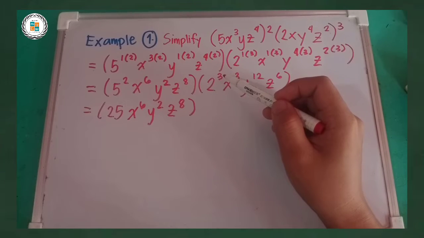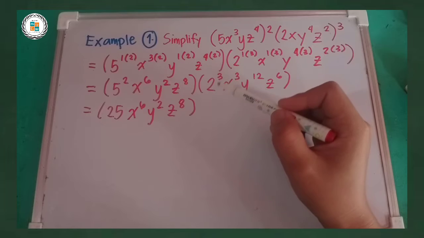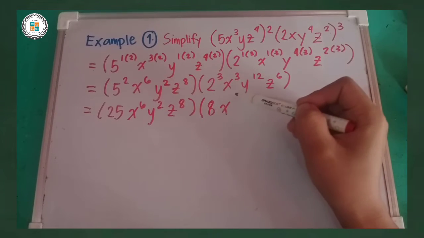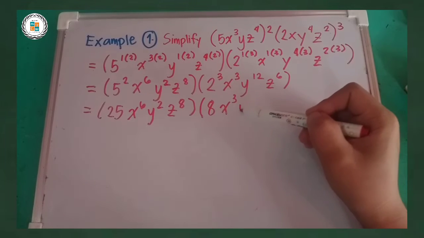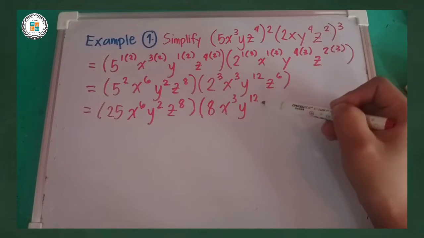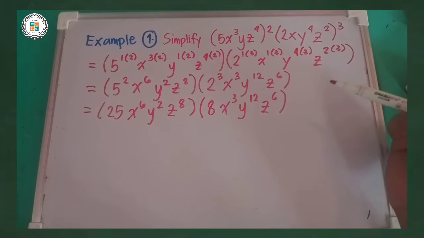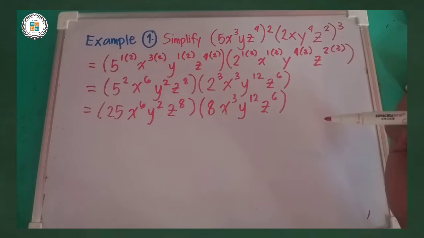That's 2 times 2 times 2. So 2 times 2, 4 times 2, that's 8. Then copy x to the power of 3 and y to the power of 12, z to the power of 6. Okay?